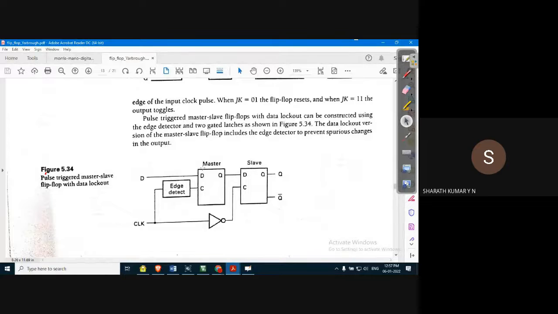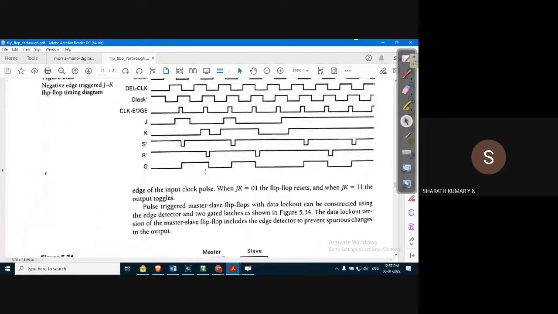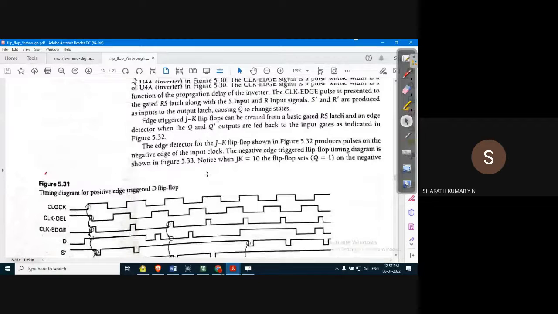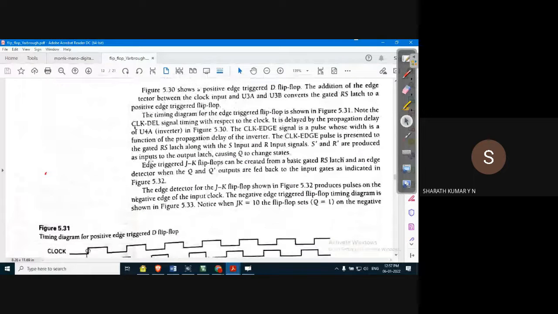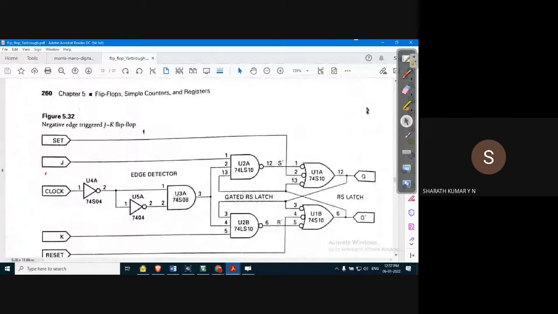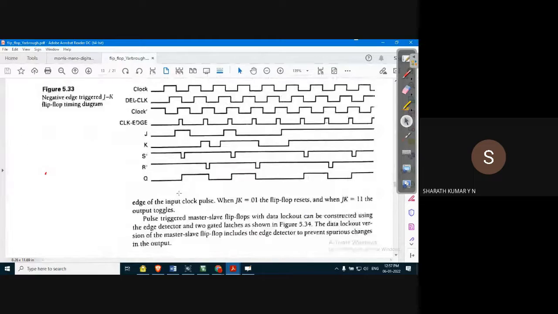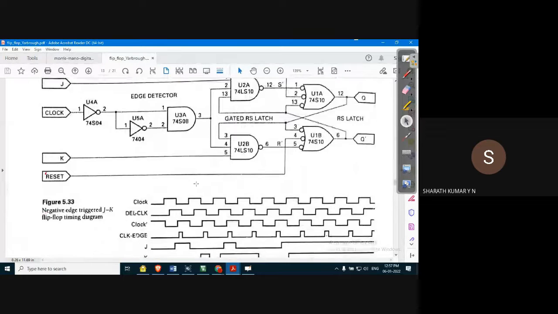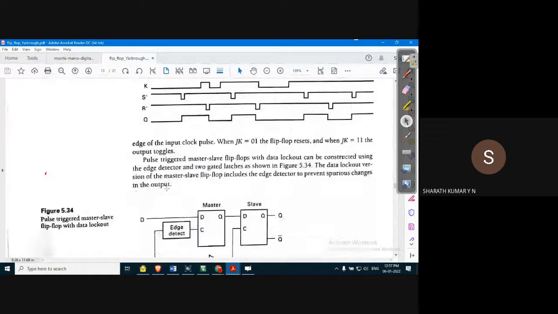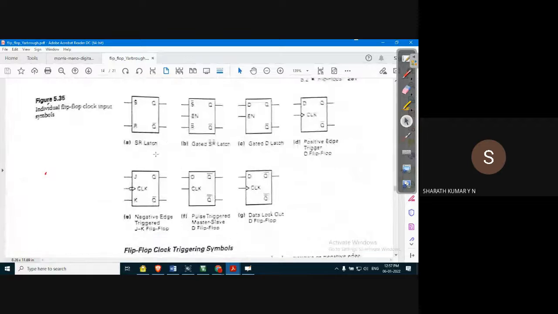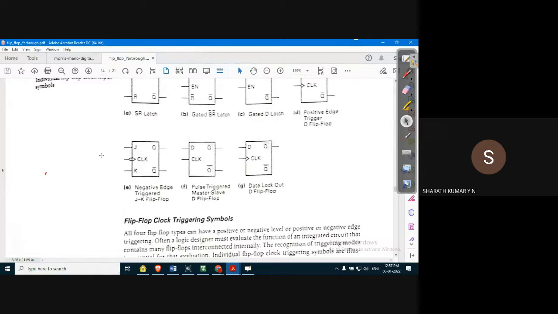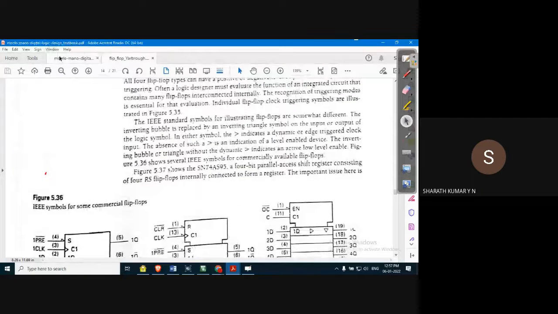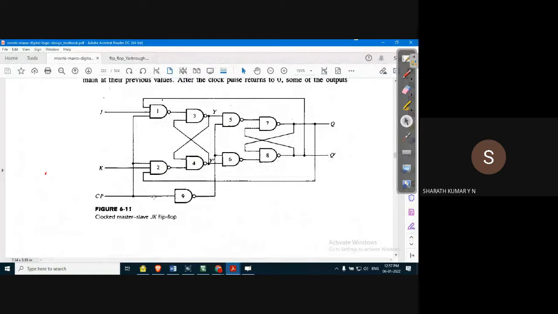Guys, any idea what's the IC number of a JK flip-flop? Anybody has done that experiment? JK flip-flop IC number. Okay, it's not 7410. 7410 is a 3 input NAND gate. 7400 is a 2 input NAND gate.